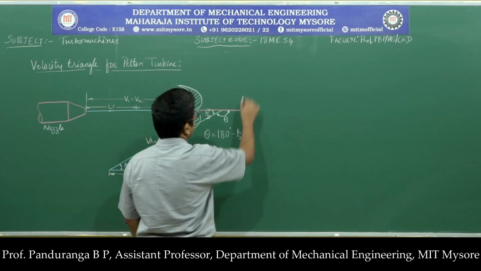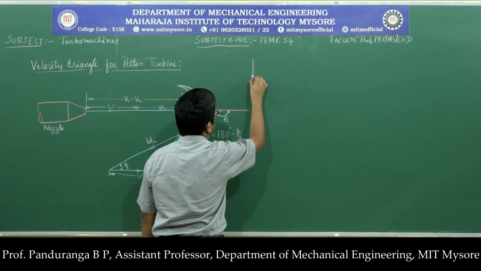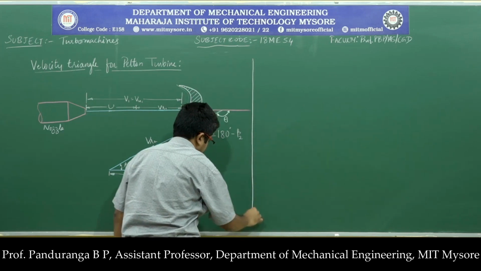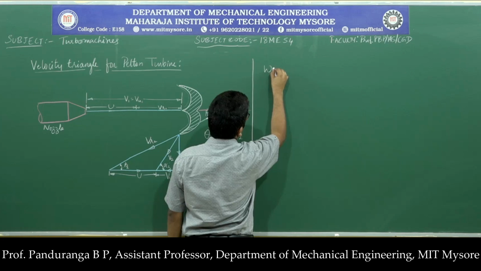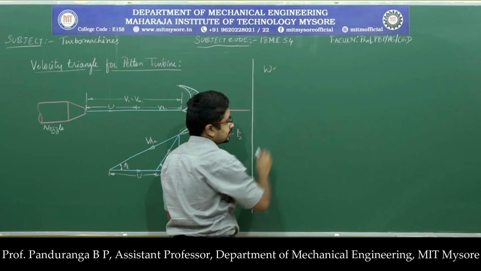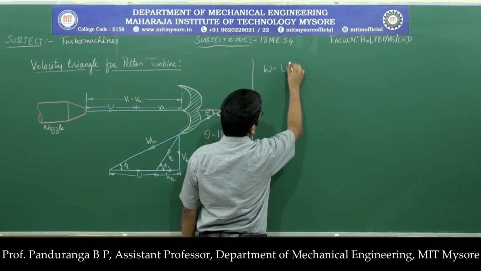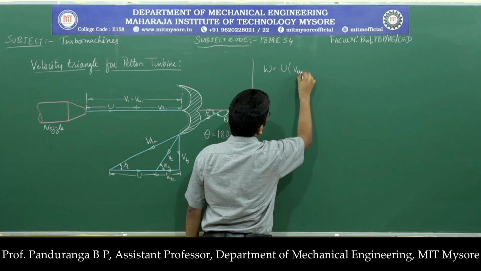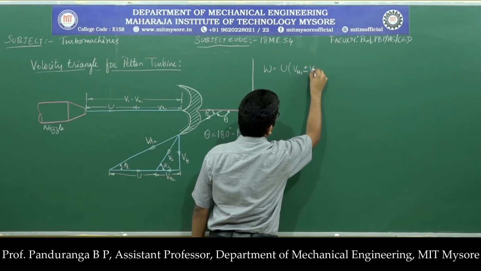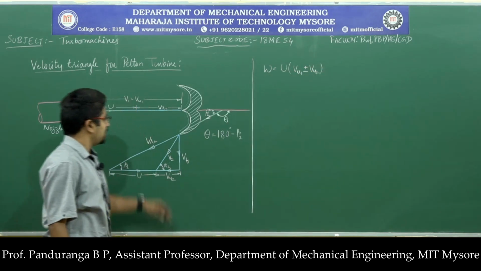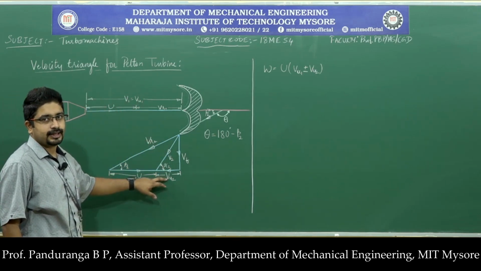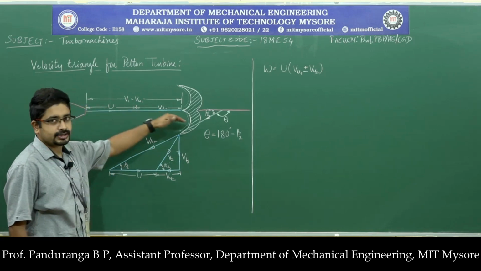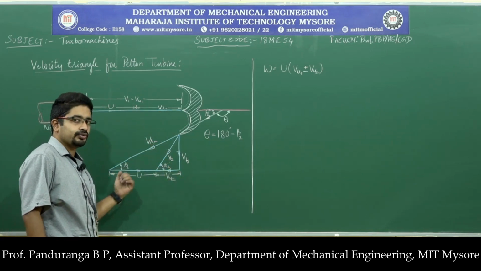So for work done, we know that work done is given by Euler's equation, that is u into Vu1 plus or minus Vu2. But if you observe the direction of Vu1 and Vu2 in this diagram, Vu1 is towards right and Vu2 is towards left.